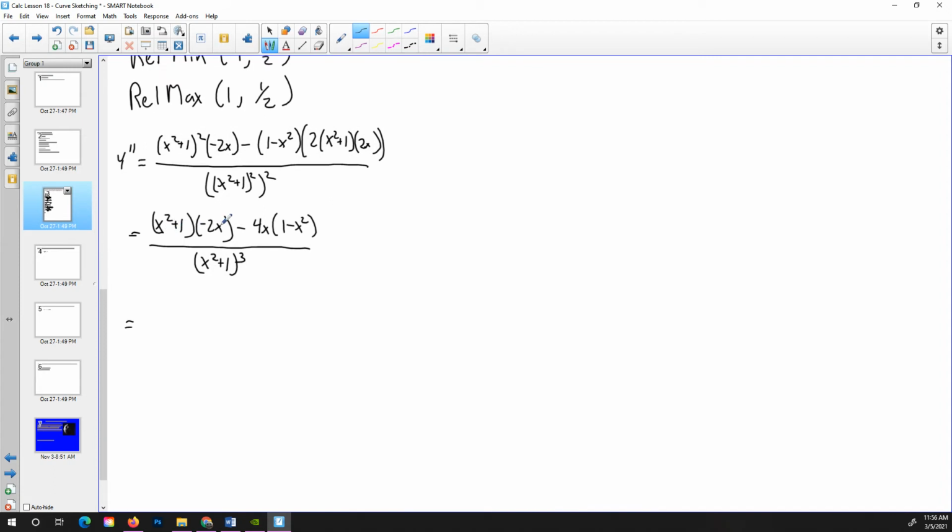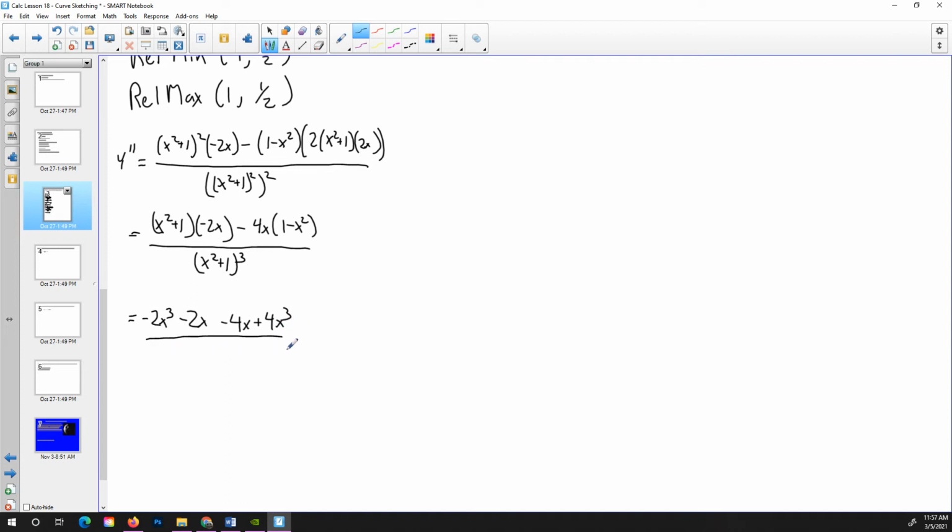Okay. Now, we're going to multiply, and I'm going to distribute this negative 2x to these two terms. So negative 2x times x squared will give me negative 2x to the third. And then when I distribute the negative 2x to the 1, I'll have negative 2x. And then the negative 4x distributed to these two terms will be negative 4x plus 4x to the third.